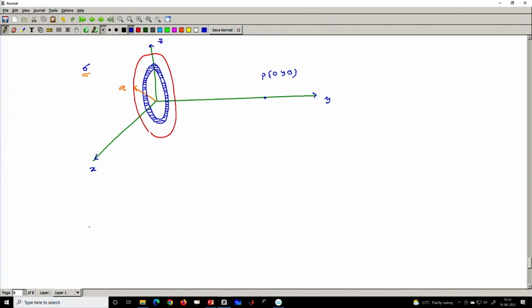Suppose from here to here this is r, from here to here this is curly r, and this is y.